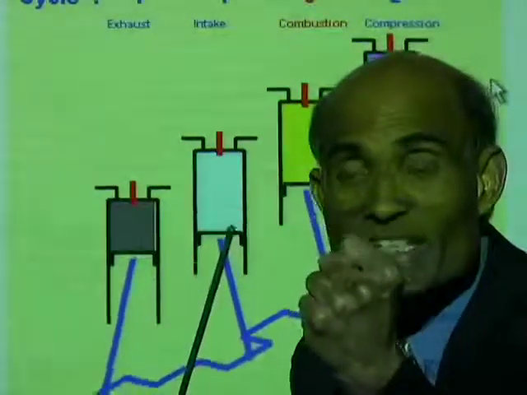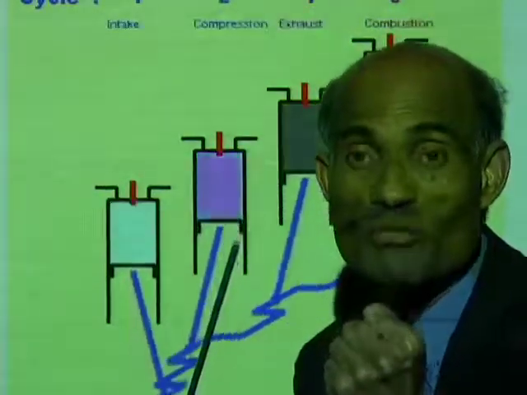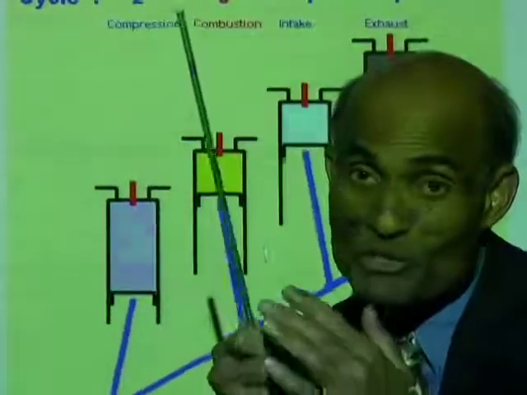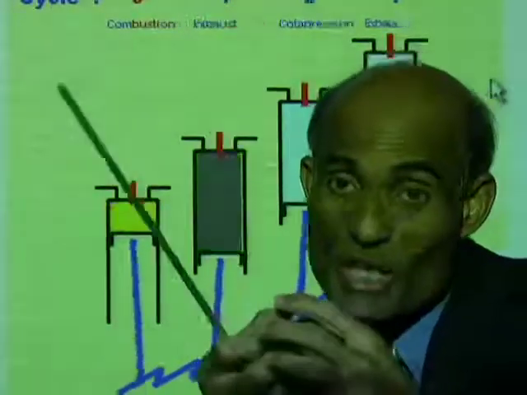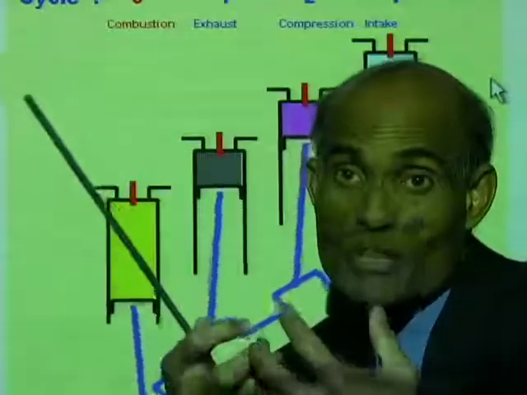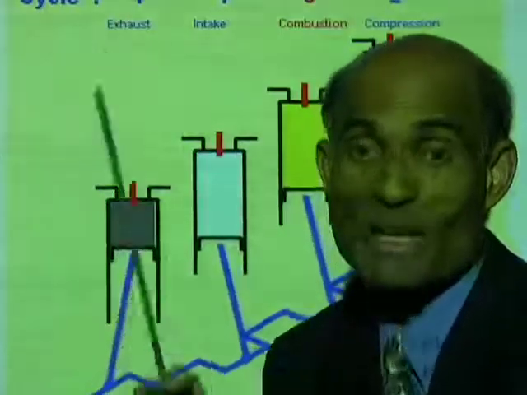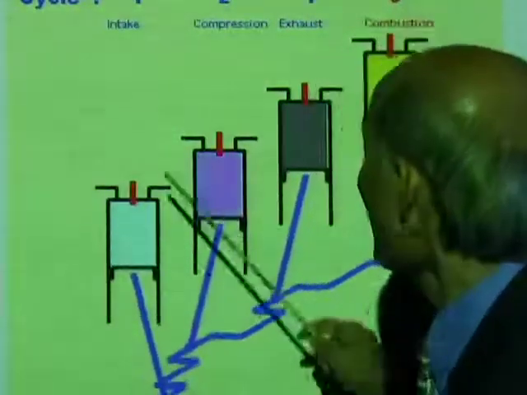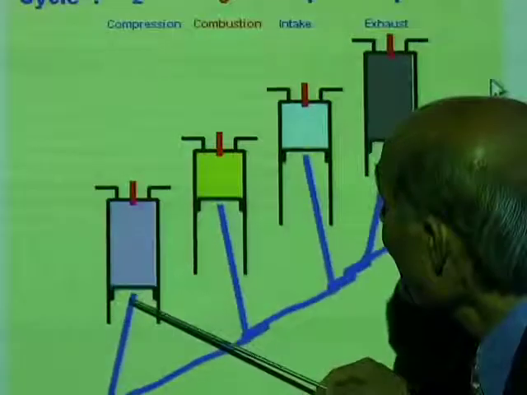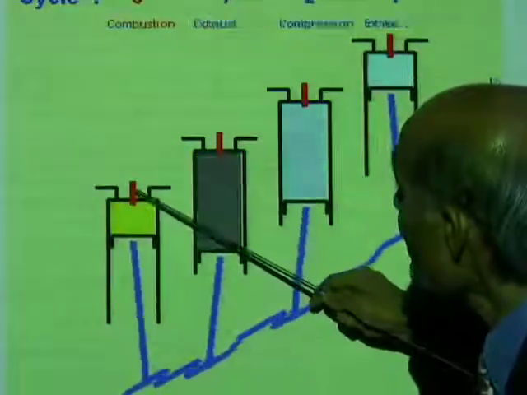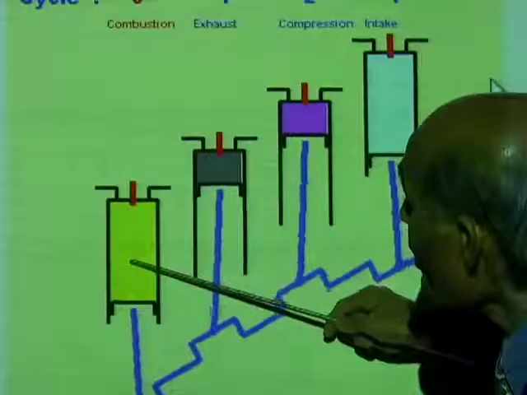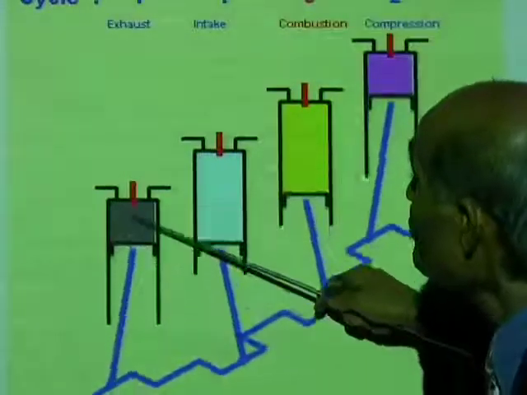First is the intake stroke, taking in the fuel, then the compression stroke, then the working stroke where the energy is produced, and then the exhaust stroke. Alright, here is the intake. Now here is the compression. This is the combustion working, and then the exhaust.